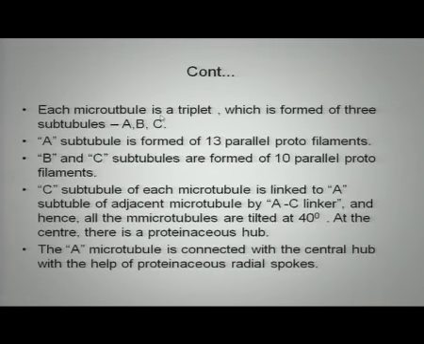Each microtubule is a triplet. There are 9 peripheral microtubules, and each microtubule is a triplet formed of 3 different subtubules that we represent as A, B and C. The A subtubule is formed of 13 parallel protofilaments, the single A microtubule of the peripheral tubule.